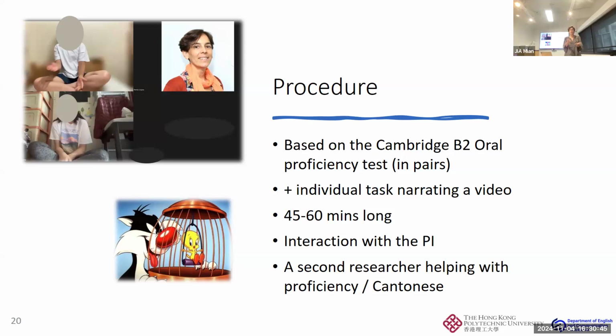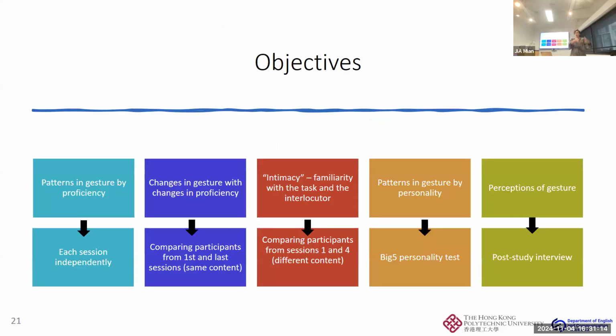If you're familiar with it, you know that it does the sessions with 2 people. But then for the bit that we were interested in, the narrations, we did this individually. So for all of the sessions, we had 2 researchers on the Zooms and 2 participants. In some cases, it went down to 1, but most of them were 2. 45 to 60 minutes long, and everything was Zoom recorded.